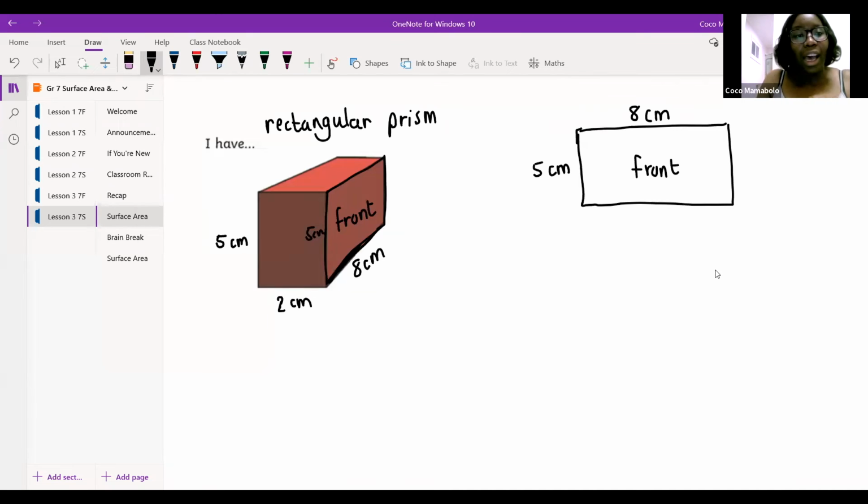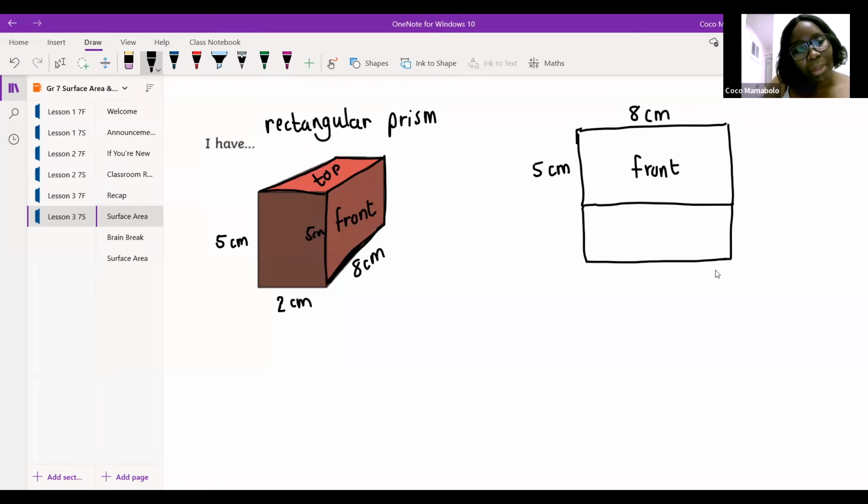Now from here, I'm going to keep moving around my shape. The next part of my shape is the top. If I'm doing the top, it's going to be connected to the front. What is the long side of this shape?